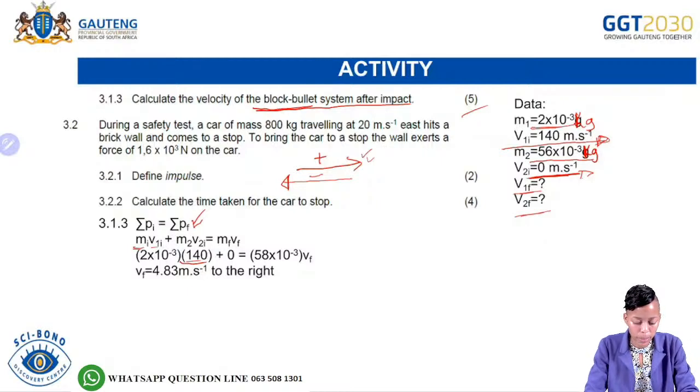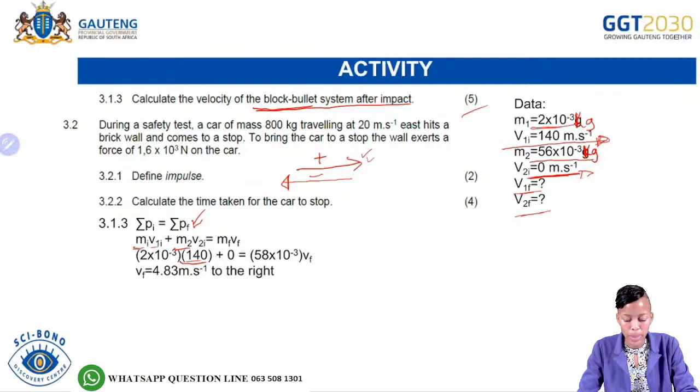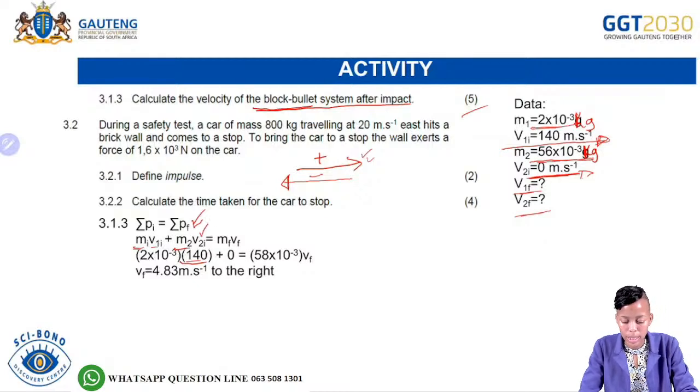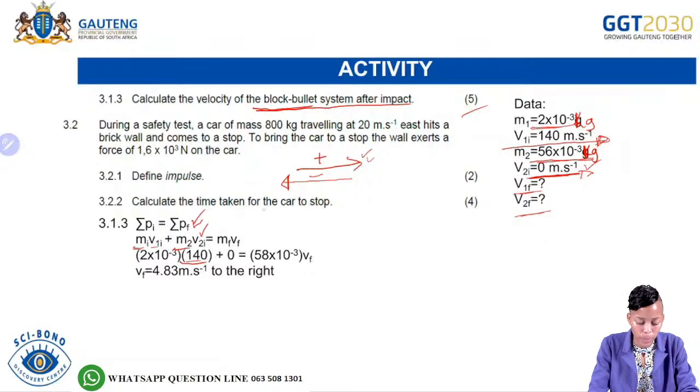And then the mass of object B, which is the block, was 56 times 10 to the power of -3, but the initial velocity was 0.